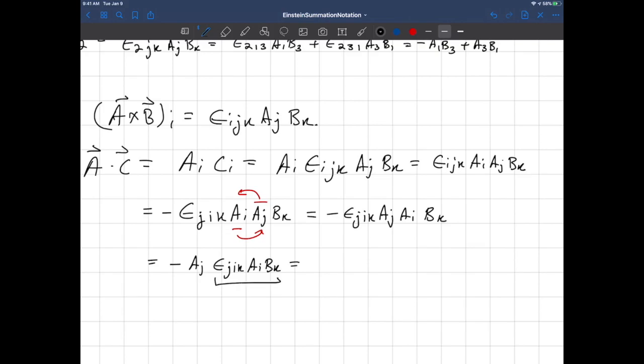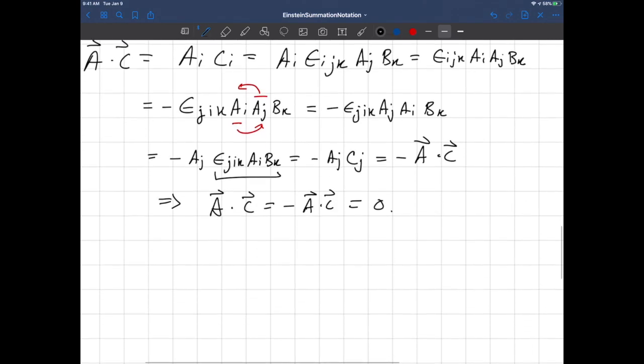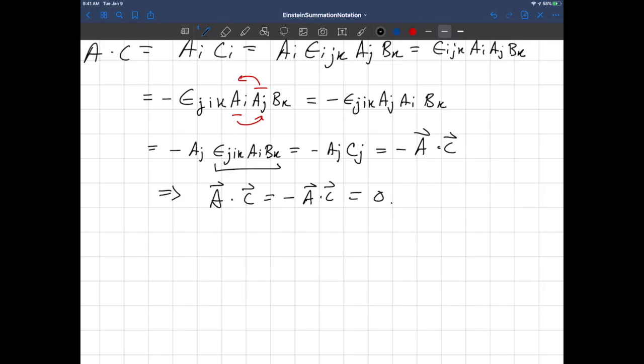Well, that's the same thing as C, because that says this component, that component, this one, and that one, or minus A_j C_j, or minus A dot C. So then we have shown that A dot C is minus A dot C, which means it has to be 0.